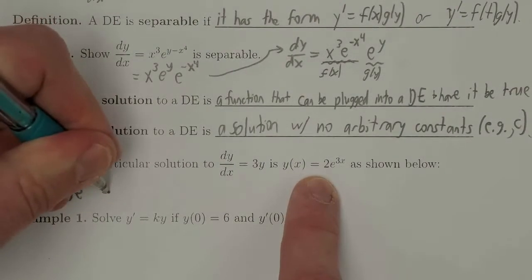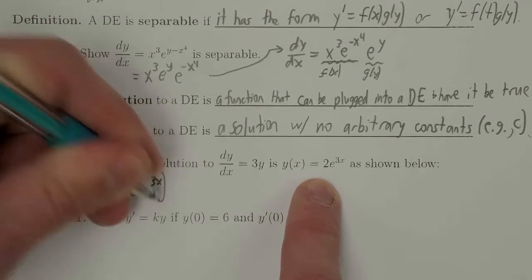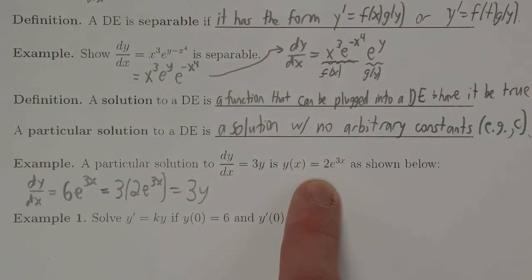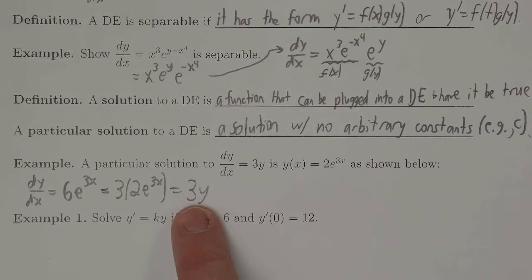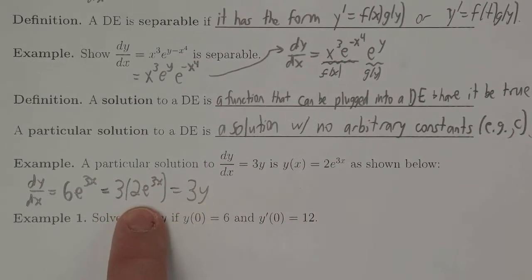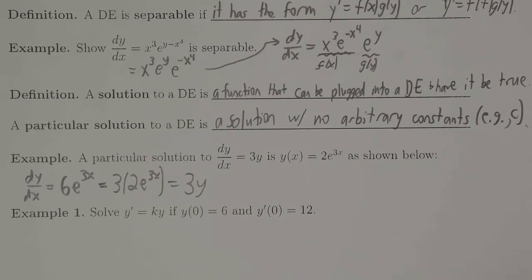Which you notice is just 3 times 2 times e to the 3x, right? So that's just 3 times y. So that shows that 2 times e to the 3x is not only a solution, but because it has no arbitrary constants, it's a particular solution.